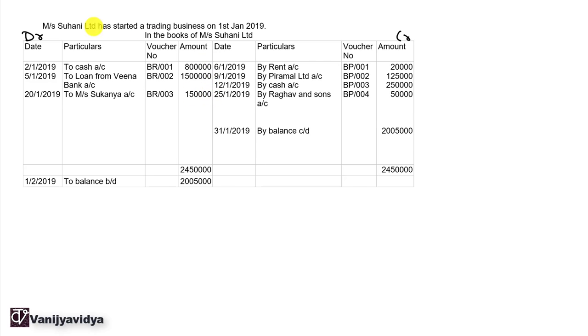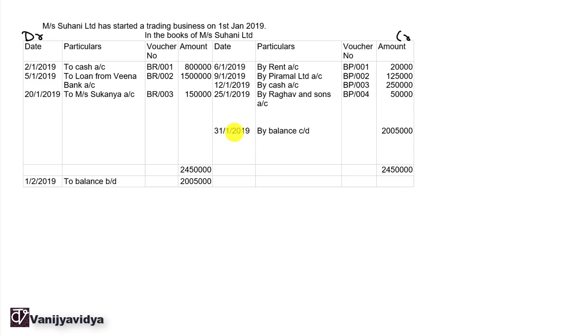So all the entries of the debit side are either receipts or deposits in the bank account. Whereas if you see at the credit side, we have by rent account 20,000, by Pyramid Limited account 1,25,000, by cash account 2,50,000, by Raghav and Sons account 50,000. So all credit side entries are either payments or withdrawals.